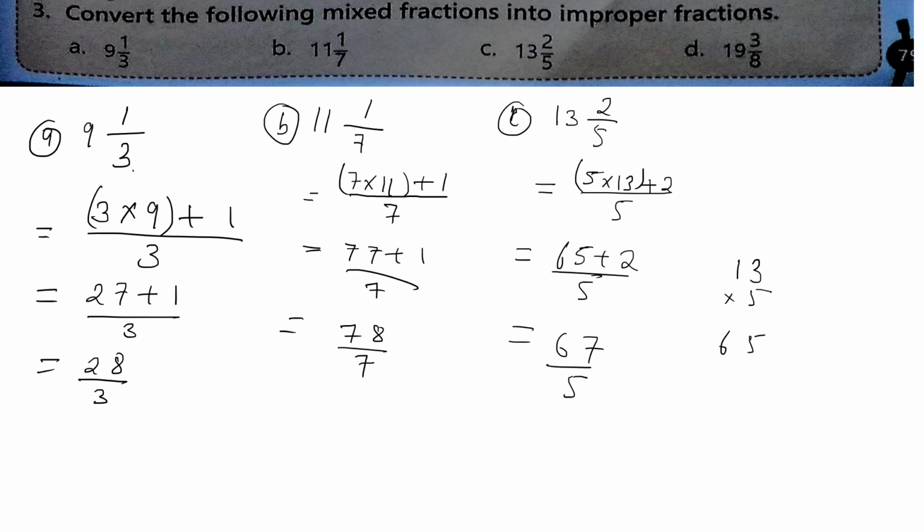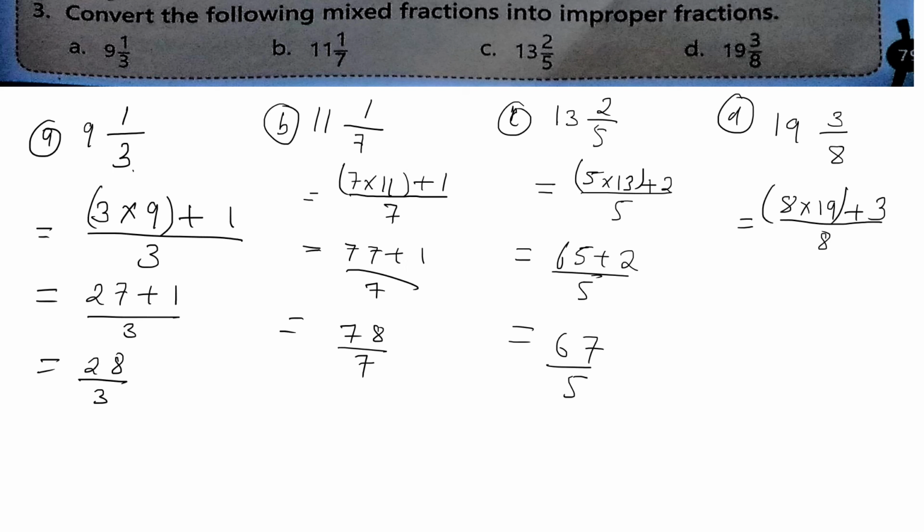Okay. Now number D, 19 whole 3 by 8. So 8 here multiply 19 plus 3. Okay, if you don't know 8 into 19 is how much, you do multiplication.